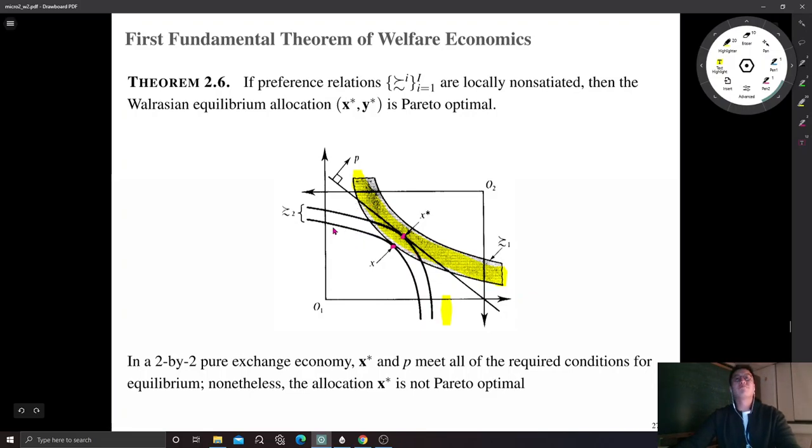But consumer two strictly prefers allocation X to allocation X star. So there is a way to improve one consumer's welfare without hurting the other consumer's welfare. So allocation X star is an equilibrium, but not Pareto efficient. This is why we need the local non-satiation assumption, to eliminate this kind of possibility.